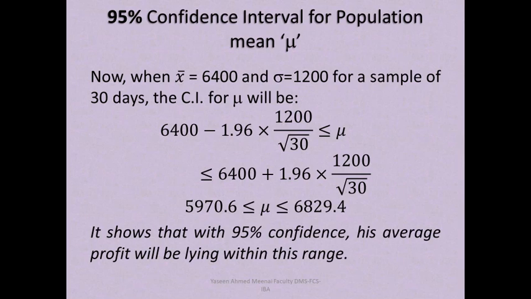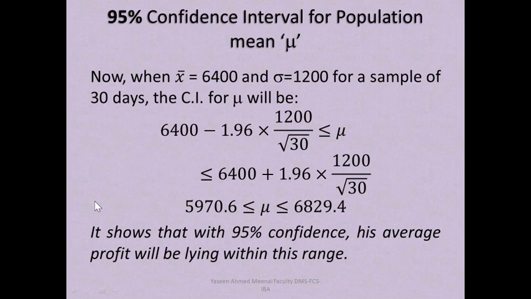Or if he collected 100 samples by repeated sampling, then 95% of the sample means will lie within this range, and approximately 5 means will lie outside this range.